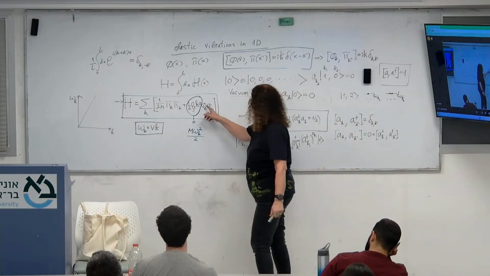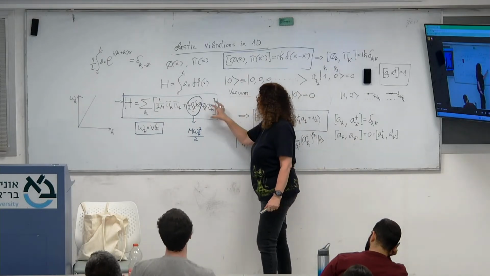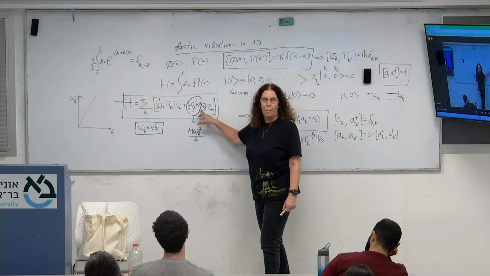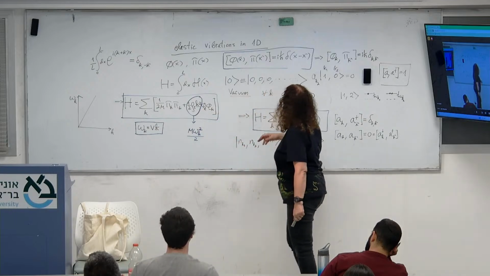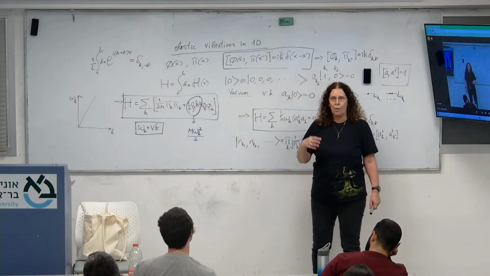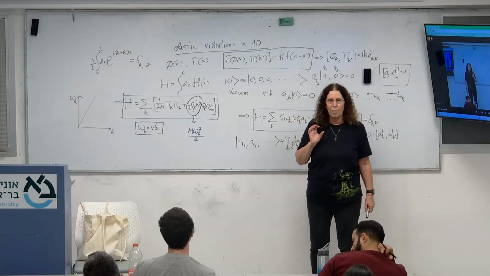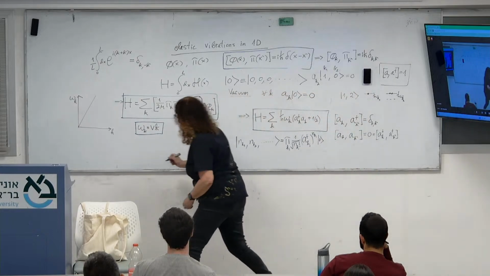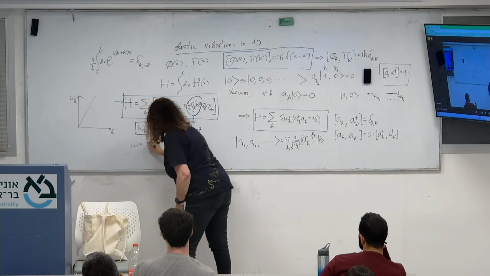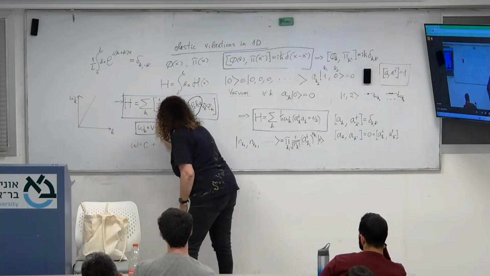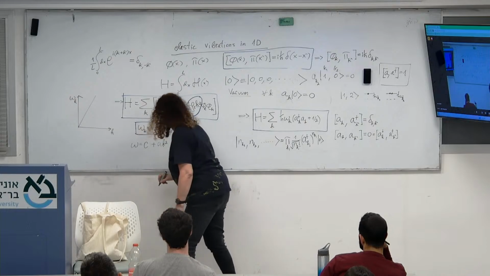If I add to the original Hamiltonian a term that is just a constant times phi squared, then my omega is going to be C plus something.